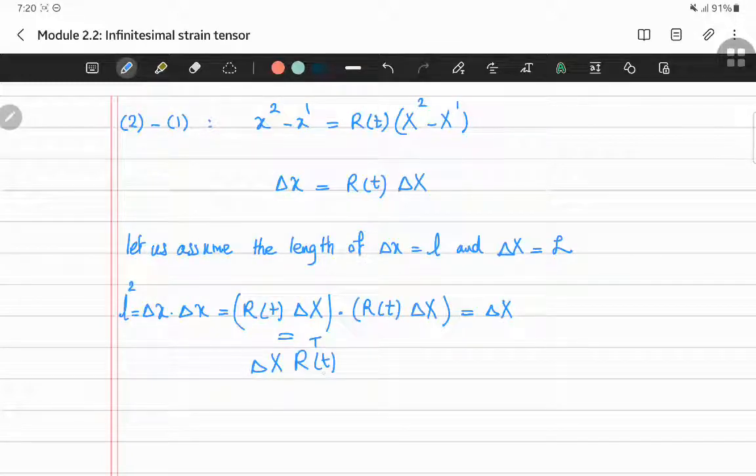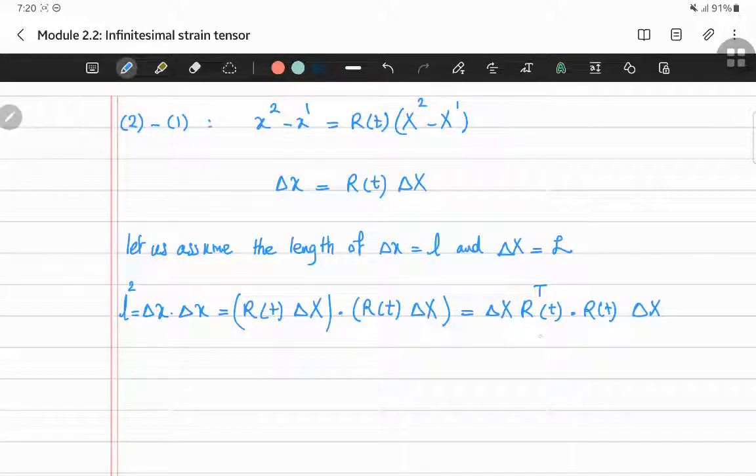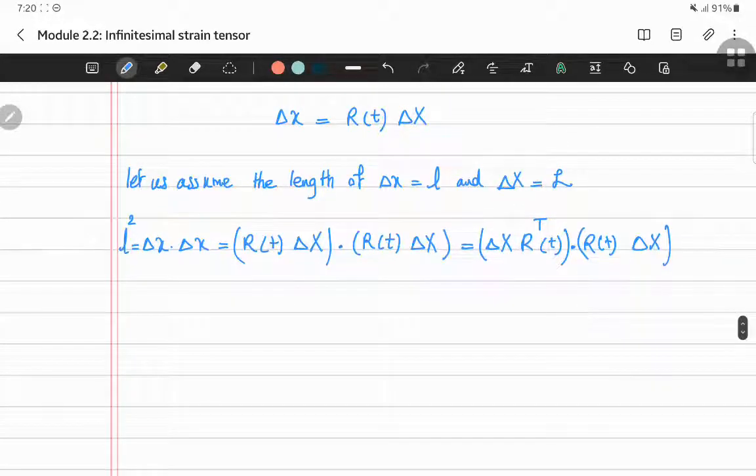If you recall from the previous modules, we have delta X R transpose transpose dot R transpose delta X. This is nothing but I, because we have an orthogonal tensor here.